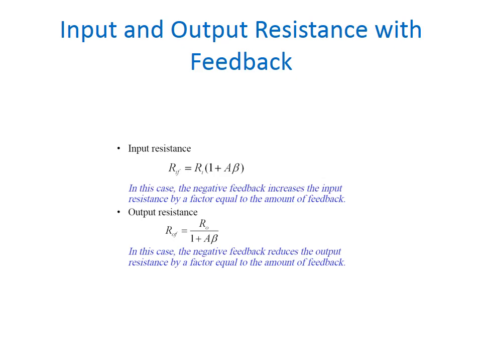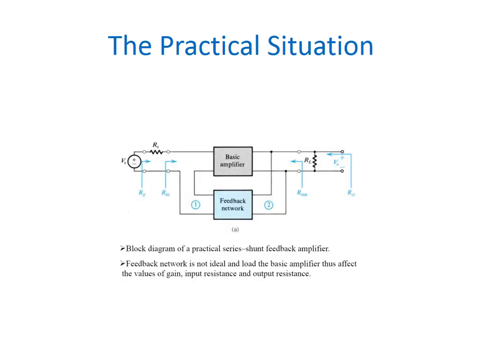Output resistance is given by R0F, which is equal to R0 by 1 plus A beta. So here the negative feedback will reduce the output resistance by a factor equal to the amount of feedback. So this is the practical value. Here the practical diagram is represented including the load, which will affect the values of gain, input resistance and output resistance.